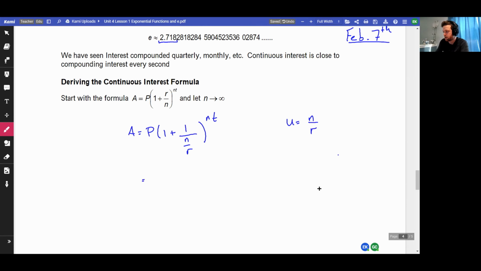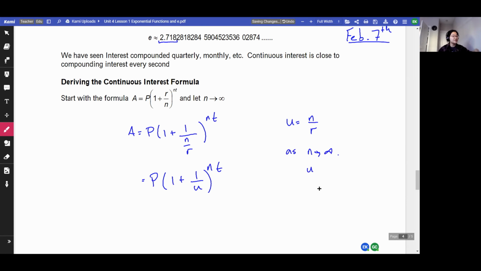Let's go ahead and add that to our page. Now I have a question. We're sending N off to infinity, but we're getting rid of our N's in this pursuit of 1 plus 1 over U to the U. As N goes to infinity, what happens to U?